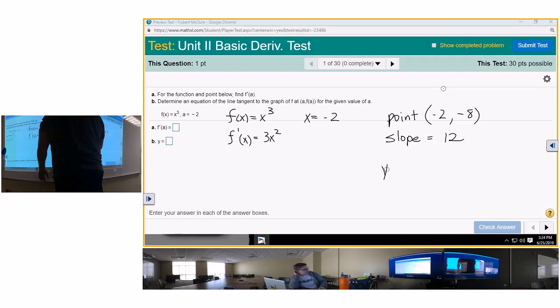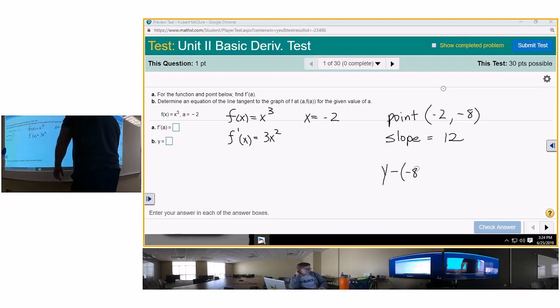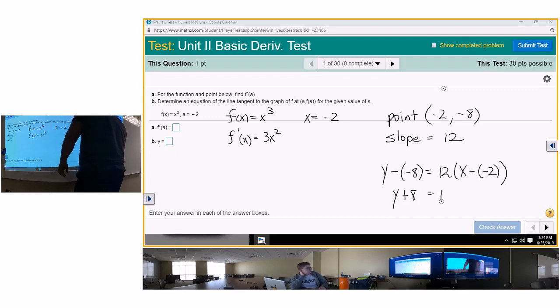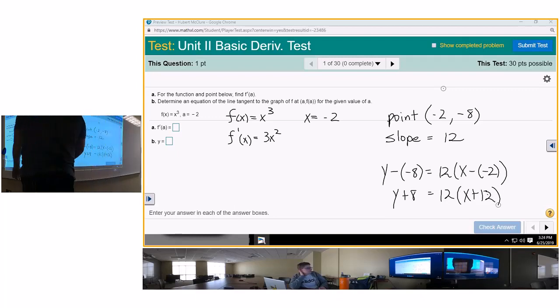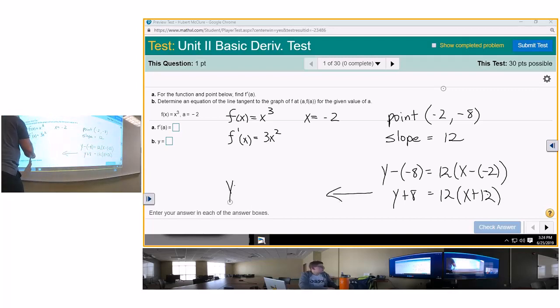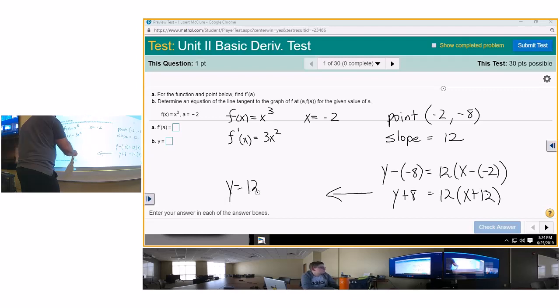You use the point-slope equation. And what's y minus the -8?